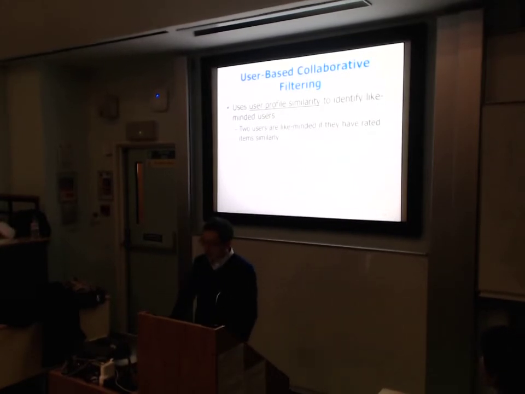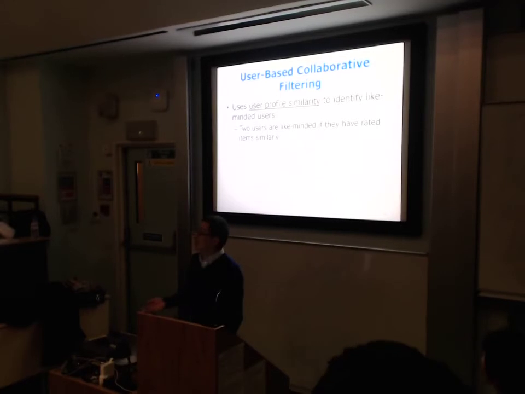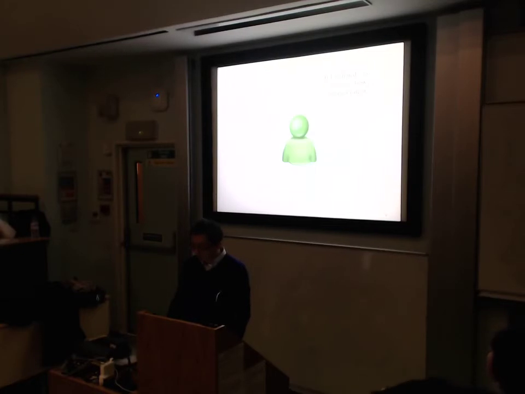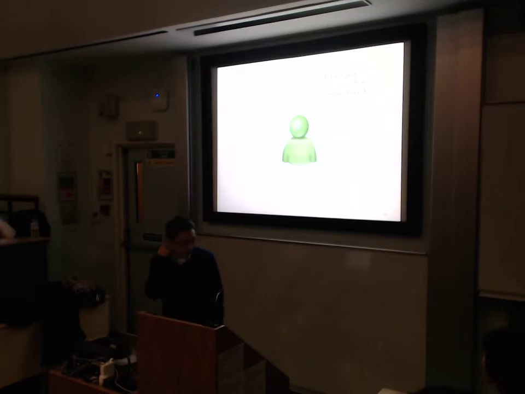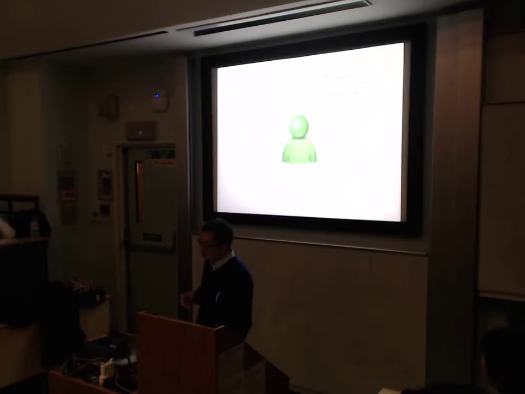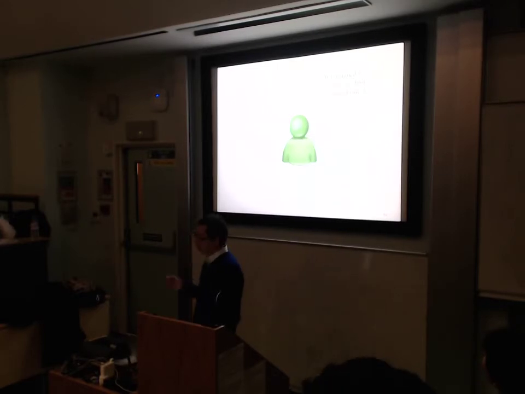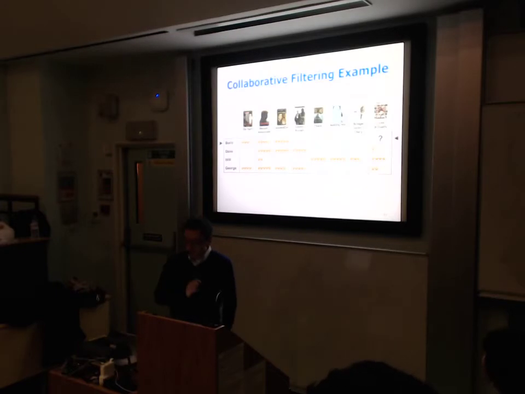So one thing you can look at is if you rated items similarly in the past, then it's likely you are like-minded people. So the recommendation question is: if Boris watched Love Actually, what would Boris rate it? So this is the collaborative filtering problem.